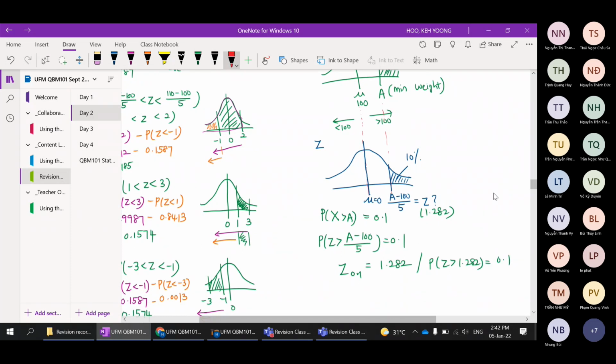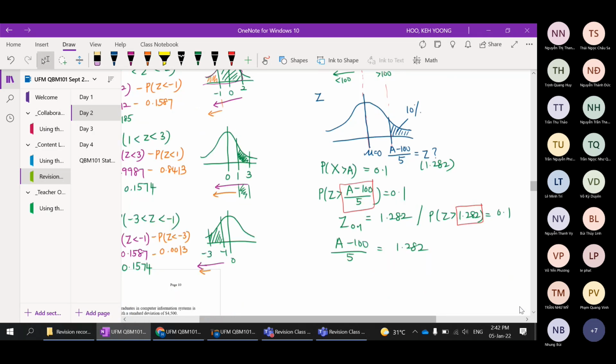Then you compare the second and the third equations. These two values are the same, right? So (A minus mean) divided by standard deviation is your Z value, and your Z value is 1.282 for 10%.